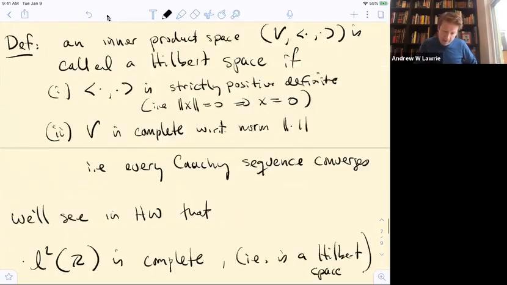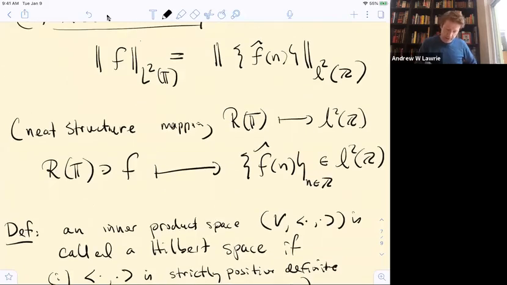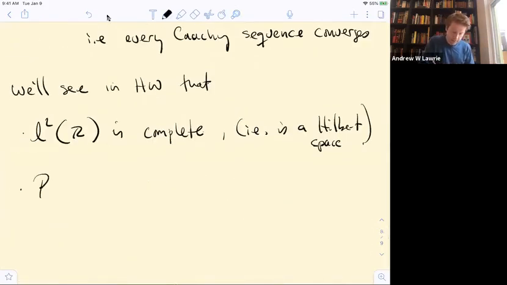Then I want to know about this mapping that I defined here, where I associate to each f its Fourier coefficients. It turns out that the mapping is not onto.